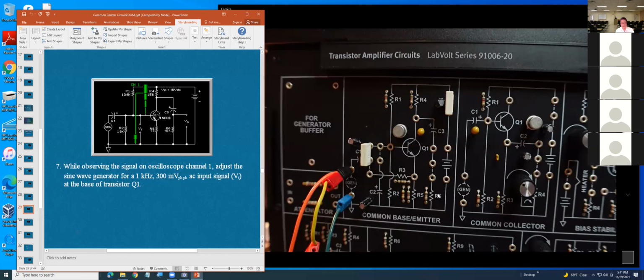And now they just want you to use the meter to measure the voltage at the base, the voltage at the emitter, and the voltage at the collector. If you get any question regarding the DC measurement, just go ahead and ask, okay? I suppose you guys can get it done quickly.